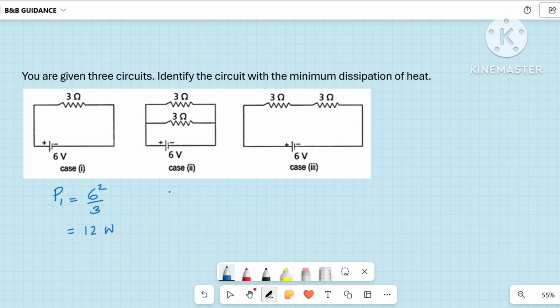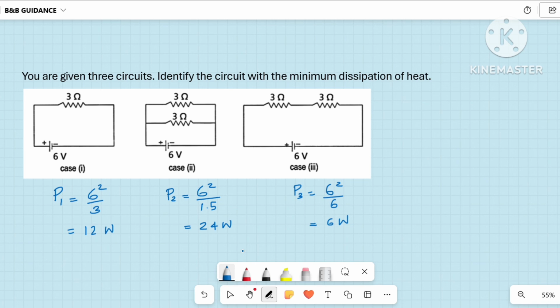Power dissipated in the second case, again V squared, that is 6 squared, R is 1.5. So here power dissipated is 24 watt. The third case, power dissipated is equal to V squared divided by resistance, 6. So this is 6 watt.